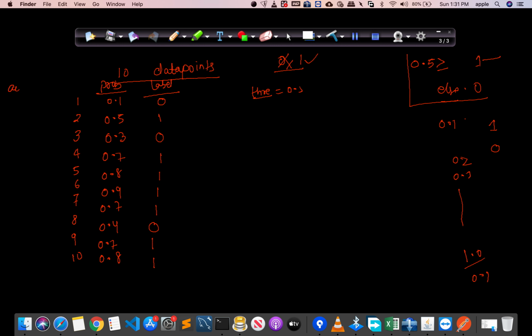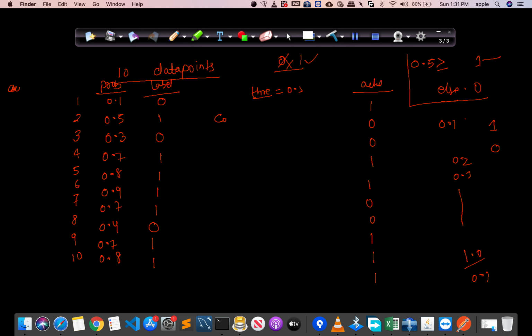Suppose we have some actual label here. Suppose the actual label is 1 0 0 1 1 0 0 1 1 and 1, so 1 2 3 4 5 6 7 8 9 and 10. This is our actual label. Now we have to see how many points are correctly classified and how many points are incorrectly classified.